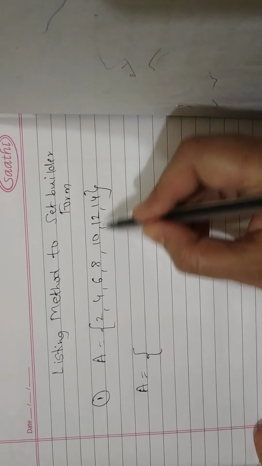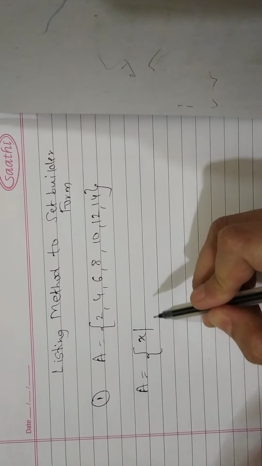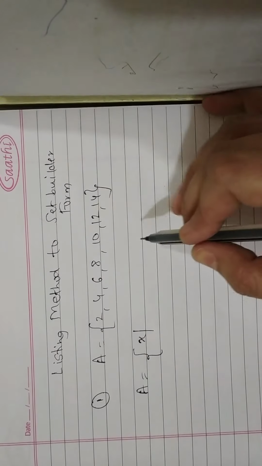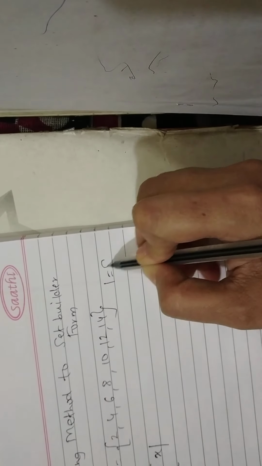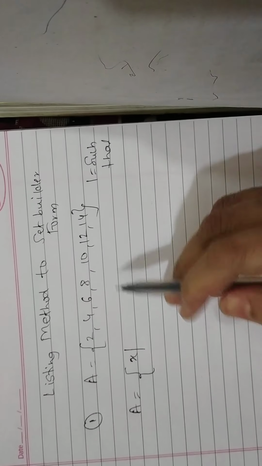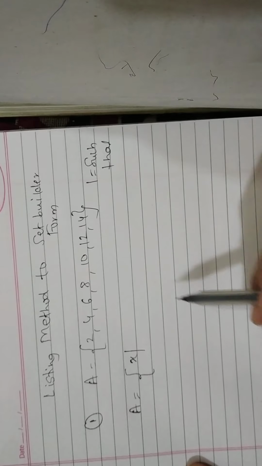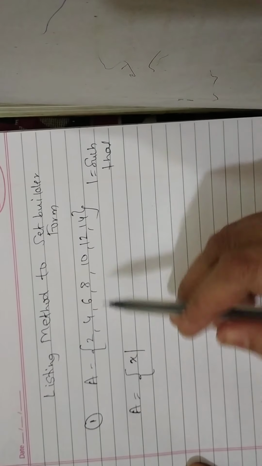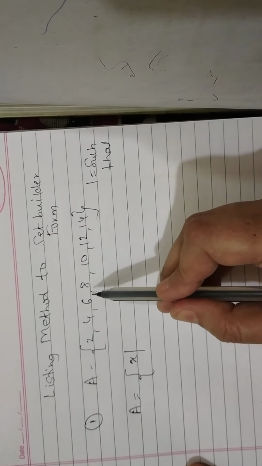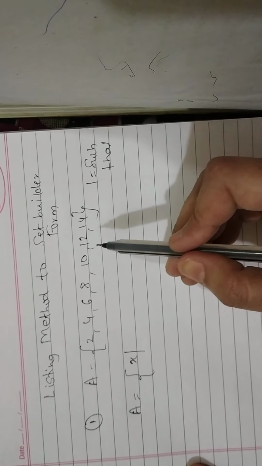We'll consider these elements as X. This sign is such that. Remember, the sign is such that. What you can see here? 2, 4, 6, 8, 10, 12, 14. These are all even natural numbers and they are less than 15.